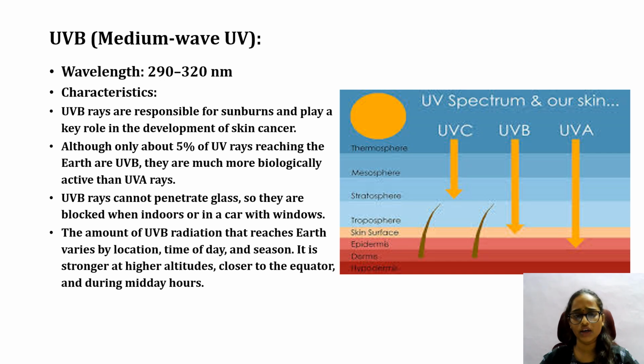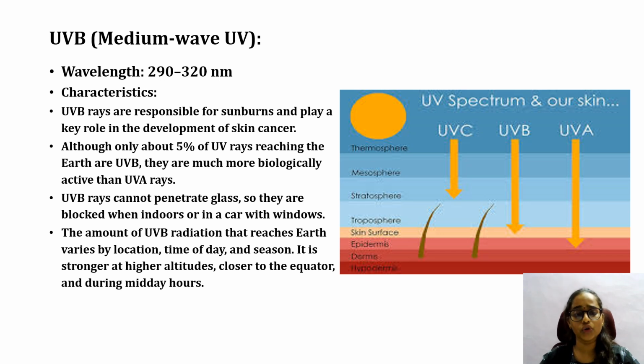Although only about 5% of UV rays reaching the earth are UVB, they are much more biologically active than UVA rays, as we can observe in the figure. There are many layers of skin, and the UVB is entering. UVB can't penetrate glass, so it is blocked when indoors or in cars with windows.